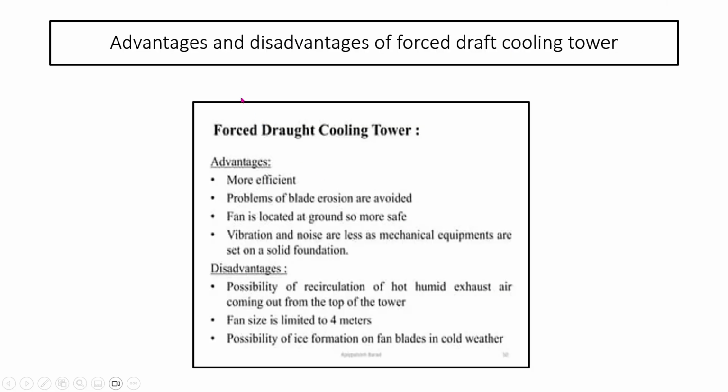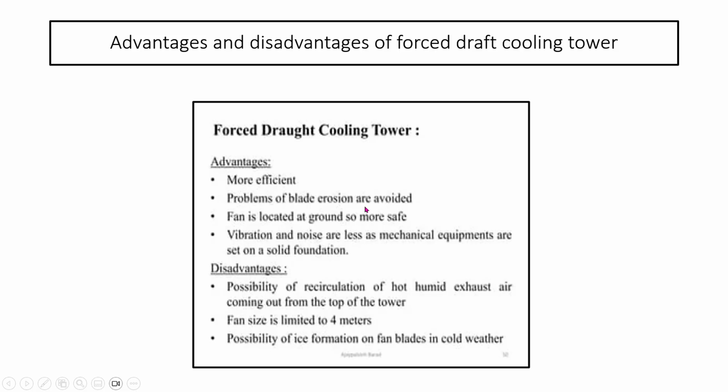Then what are the advantages and disadvantages of the forced draft cooling tower? The advantage is that it is more efficient, because you are supplying more air. The problem of blade erosion is avoided, because no water comes in contact with the FD fan.